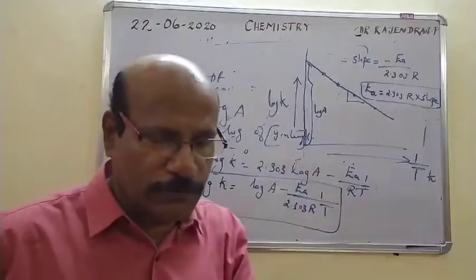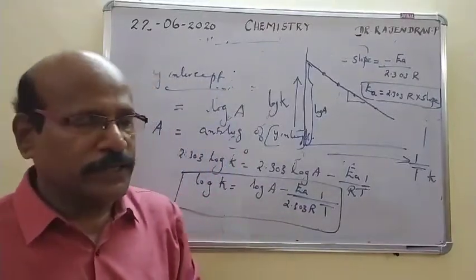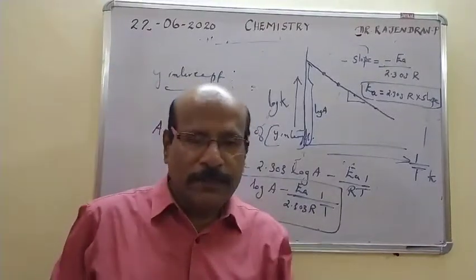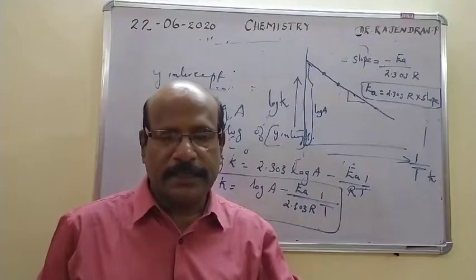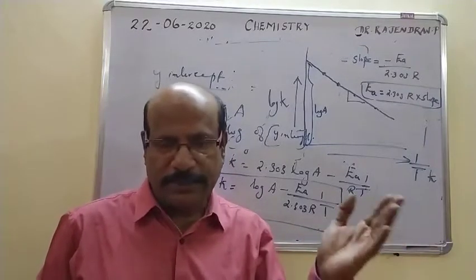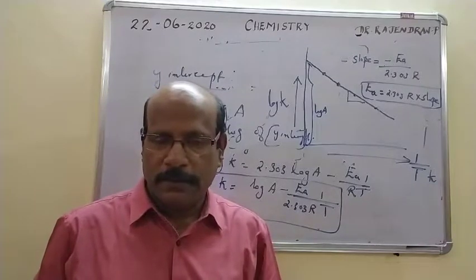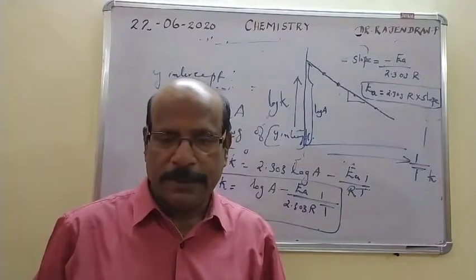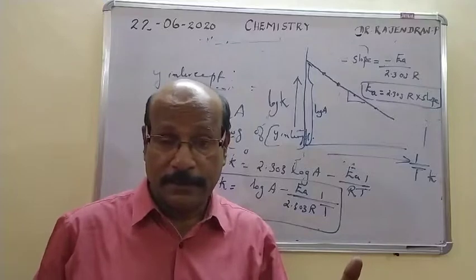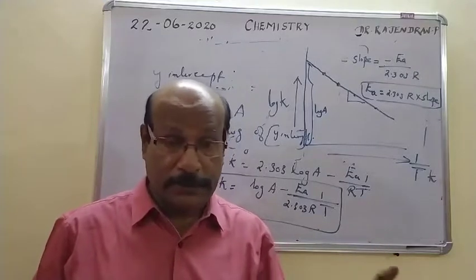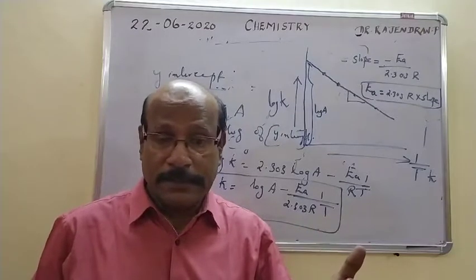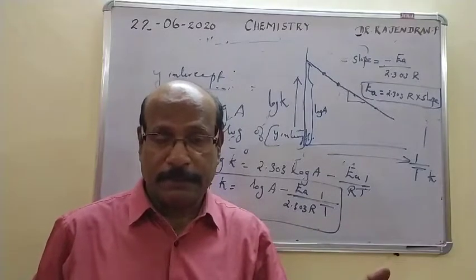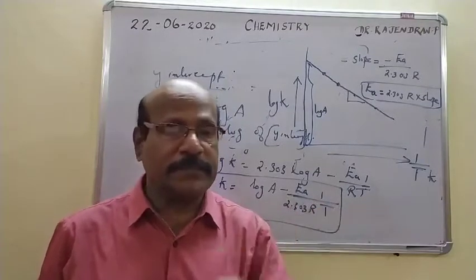Very interesting, this is the order of magnitude. In the case of a reaction of moderate rate, the value of the collision frequency is of the order of 10 raised to 9, 10 raised to 10, 10 raised to 11, etc., in liter per mole per minute. The unit is the same as that of the rate constant.